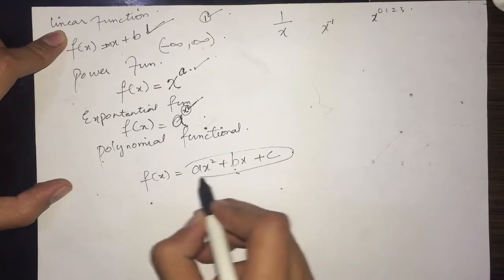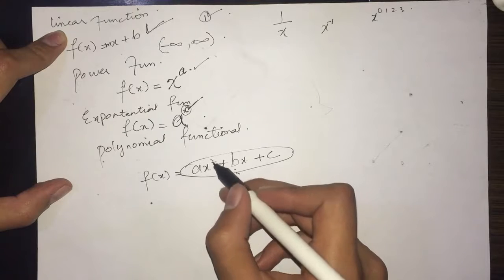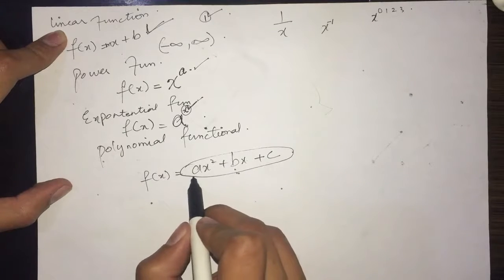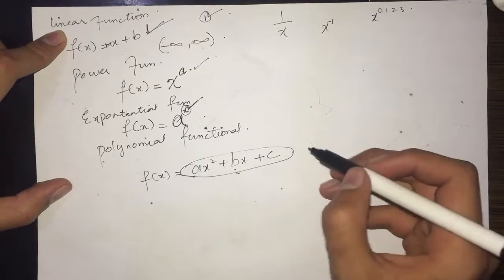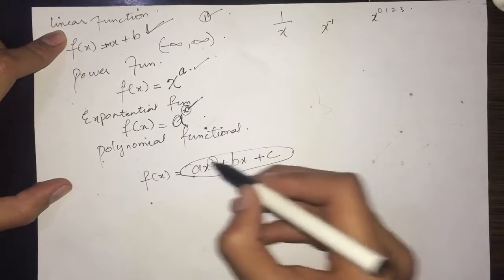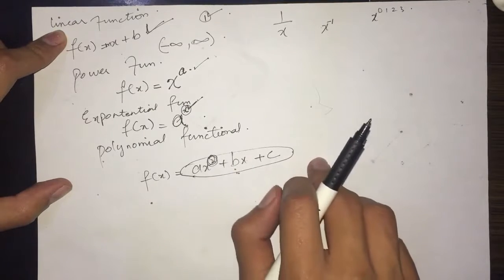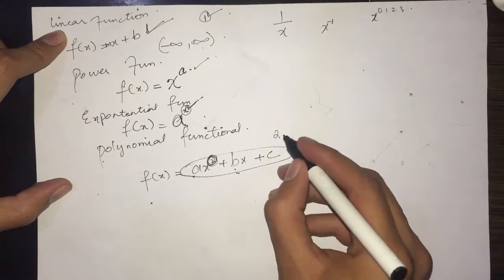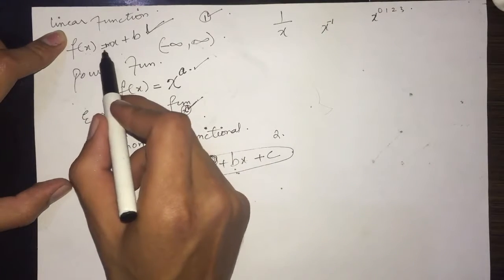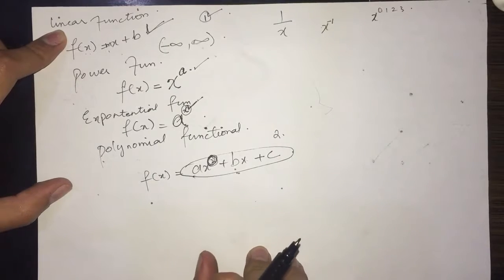This is a polynomial function because the powers of x are whole numbers, and also this is a polynomial function of degree 2. The degree is the highest power of x in a function. So this is a polynomial function of degree 2, and a linear function is a polynomial function of degree 1.